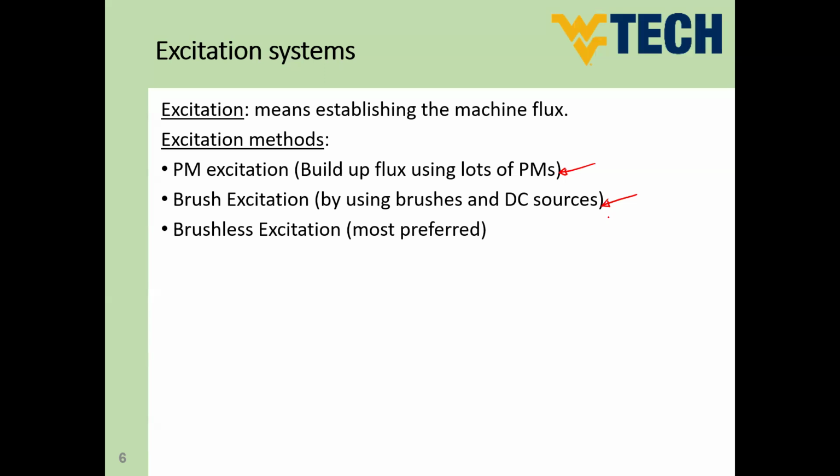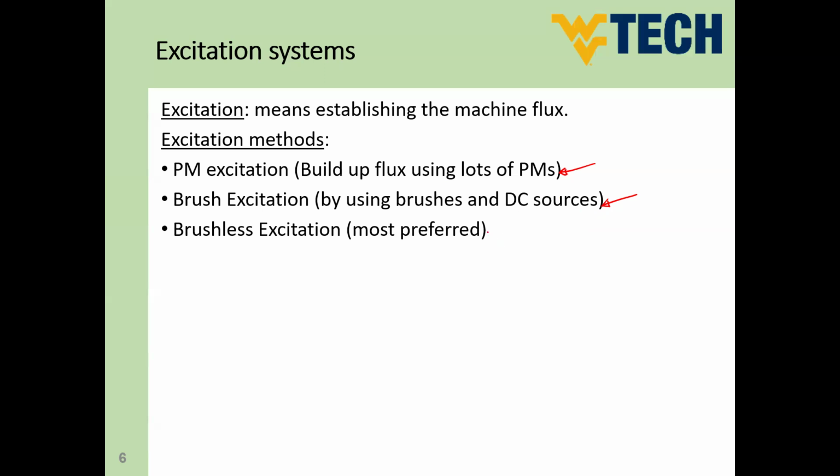This may lead to a short circuit or damage to the machine rotor and windings and cause a lot of fires. So this is relatively unused for large synchronous machines.